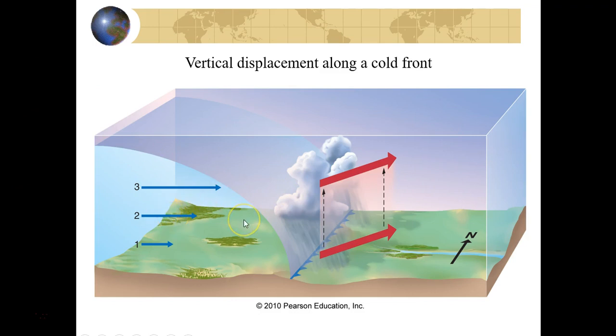The only thing that changes is what type of clouds and what types of precipitation. Cold fronts are associated with very heavy, short, intense downpours with very fast-moving fronts and vertically developed clouds.